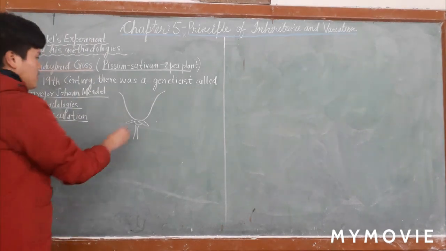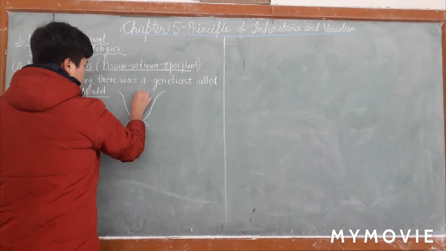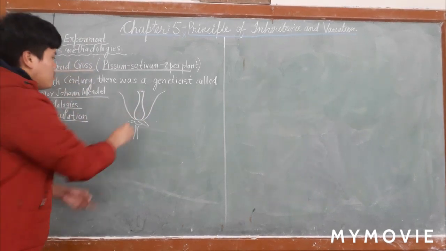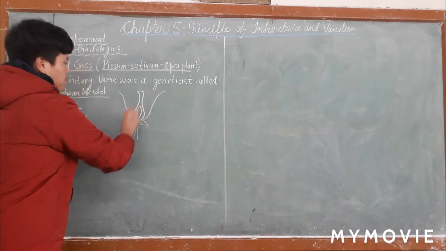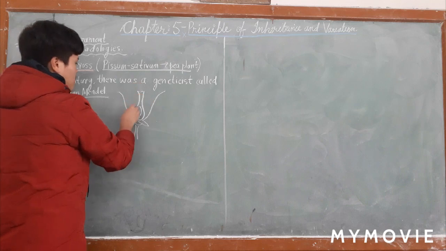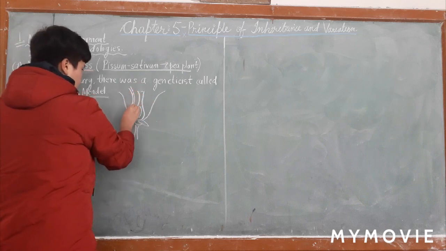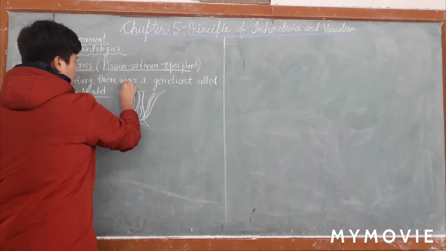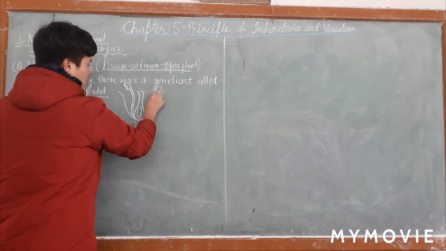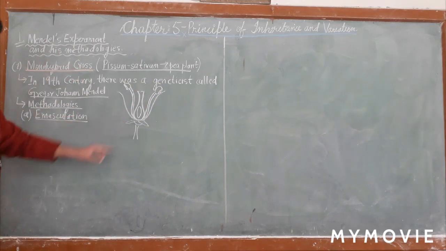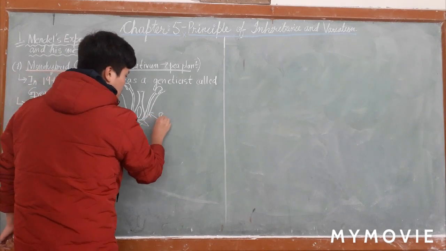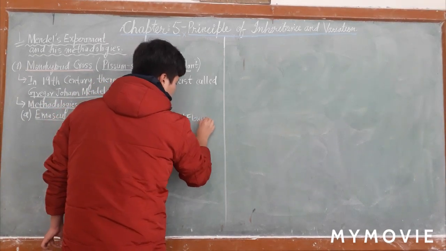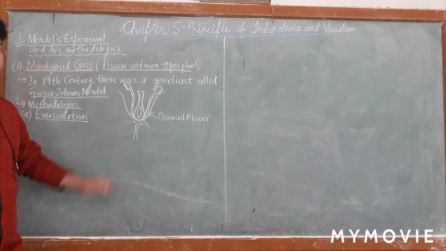Suppose this is a flower. Okay, so this is the female part, that is your pistil, also called carpel. Now, there are stamens, bilobed stamens. Now this is a bisexual flower.